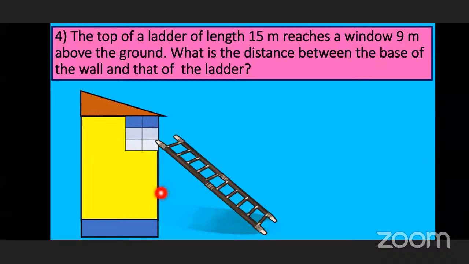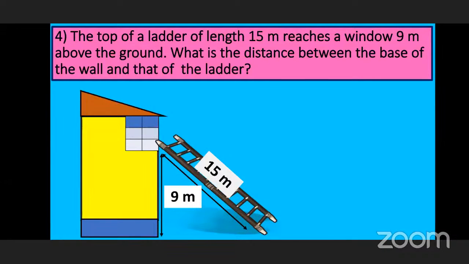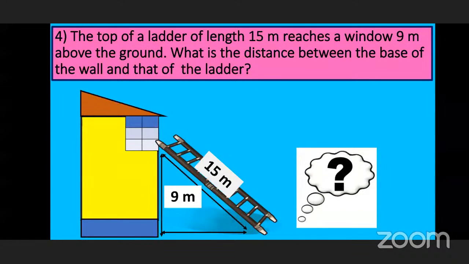The length of the ladder is given and the distance of the window from the ground is given. So the ladder is 15 meter in length and the distance between the ground and the window is 9 meter.